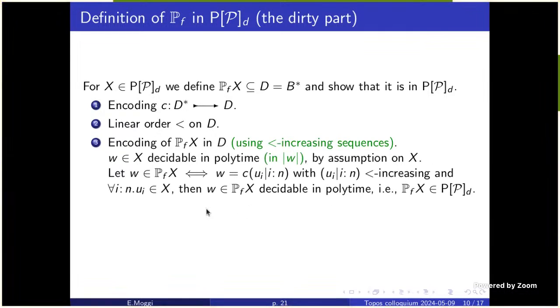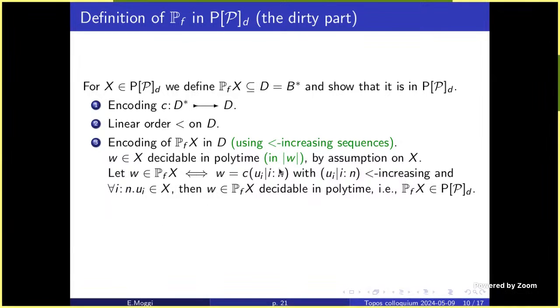So certainly polytime. And now to define this decidable subobject of D, what I can do is to represent finite subsets of D using a sequence of elements, or better, the encoding of a sequence of elements of D that are in increasing order.